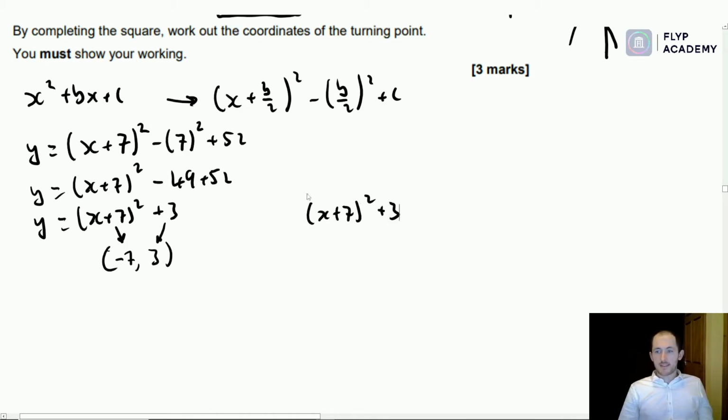Now, if I make this negative, it gets squared and becomes positive again, right? So the smallest value this bracket can be is 0, which only happens when x is the opposite of whatever the number is next to it. That's why you flip the sign. So you flip the sign of this, keep that the same. Because the smallest thing this bracket can be is 0. It can't be negative because you're squaring it.